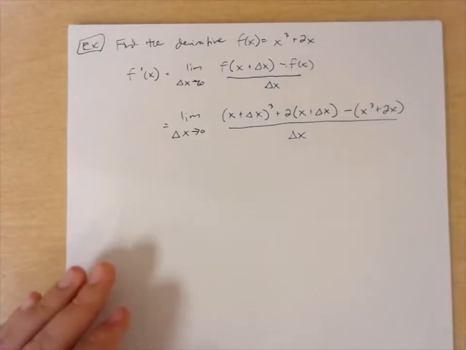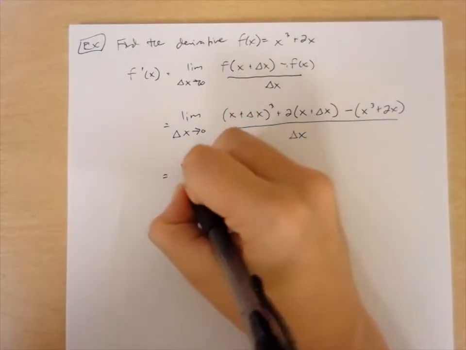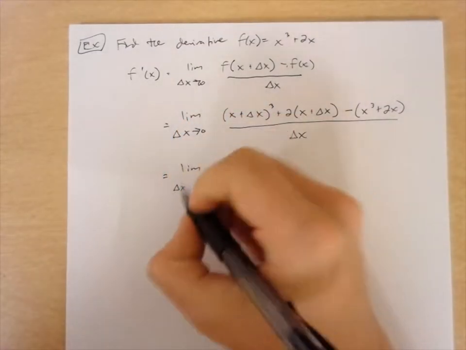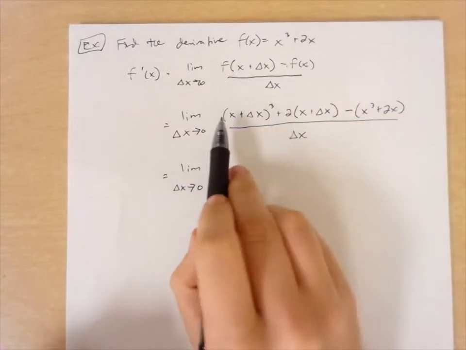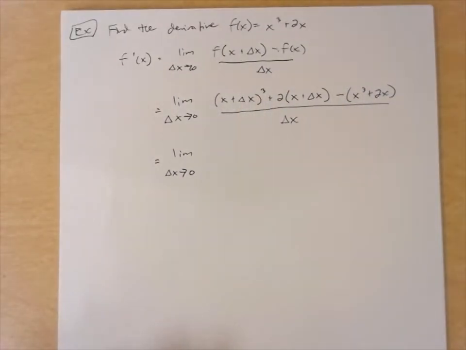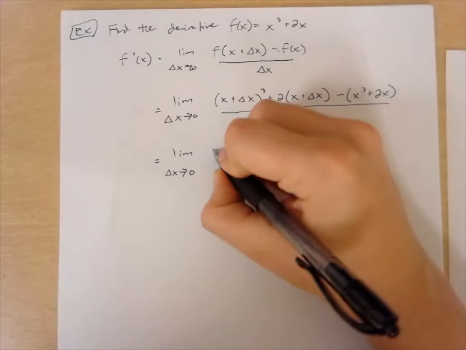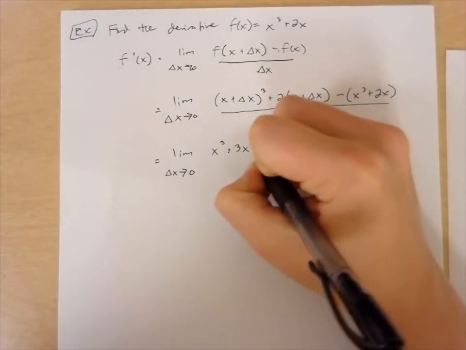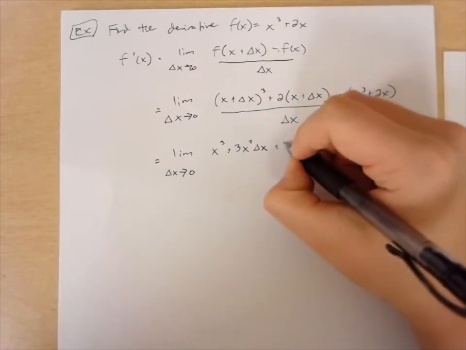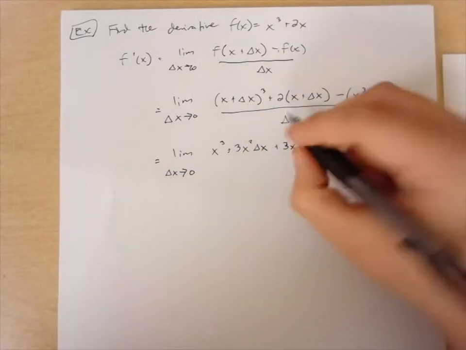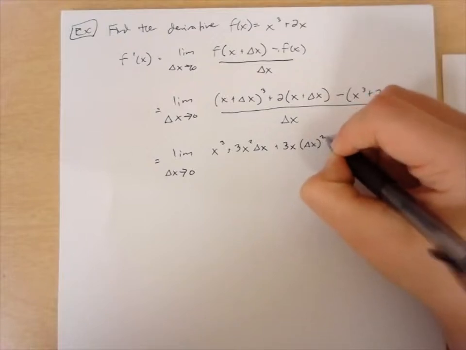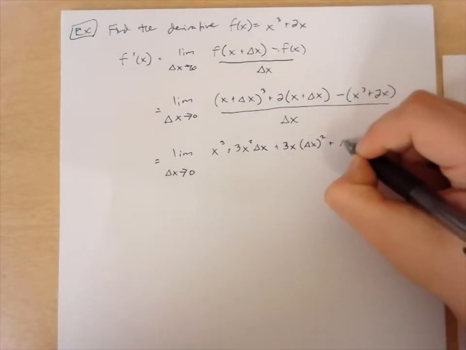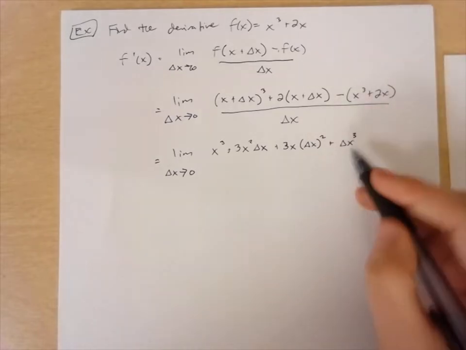That is a lot of writing. That's okay. To expand out that cubic factor right there, what we're going to do is use our, again, polynomial cheat sheet to understand how to expand that out. We would have our x cubed plus our 3x squared change of x plus 3x times change of x squared plus change of x cubed.